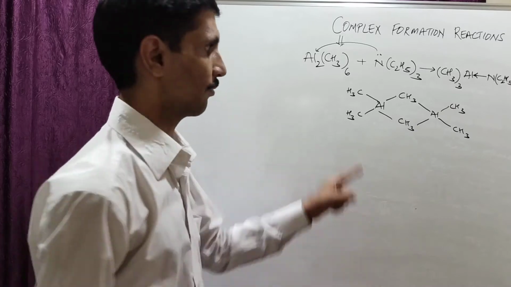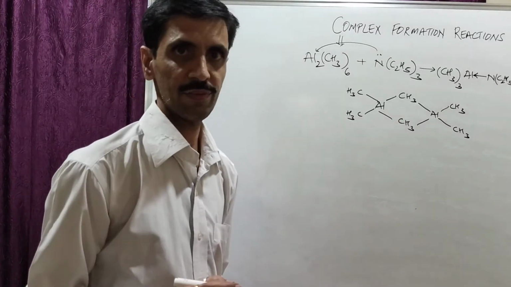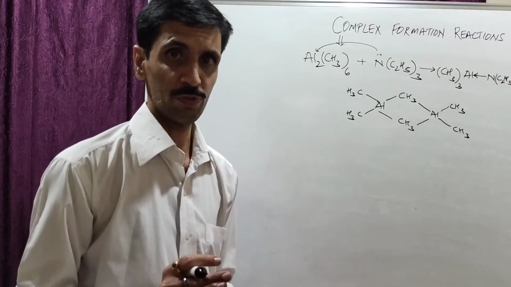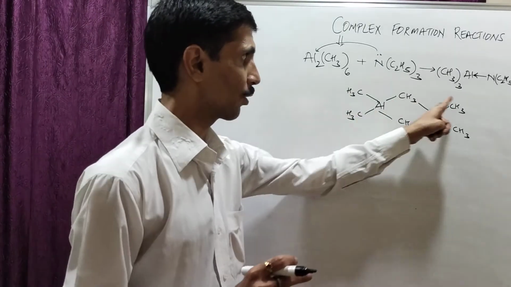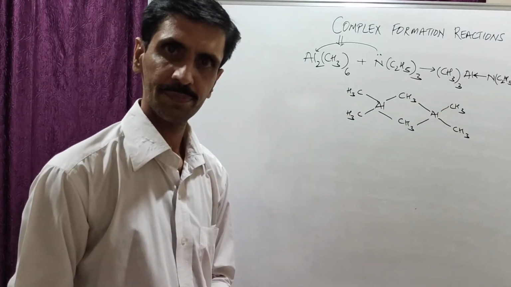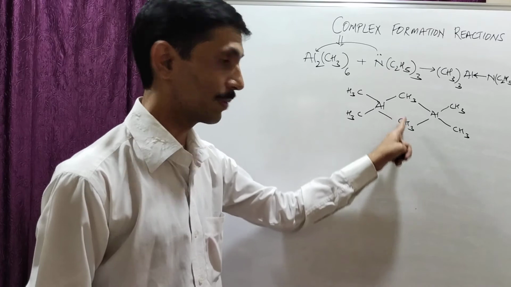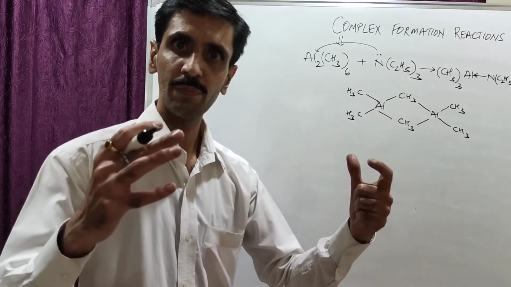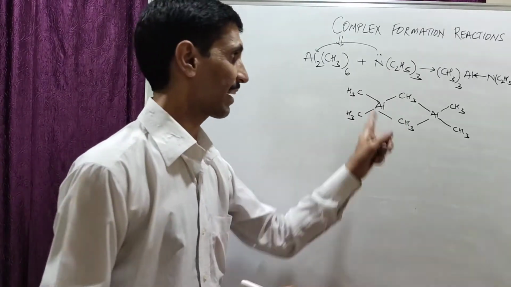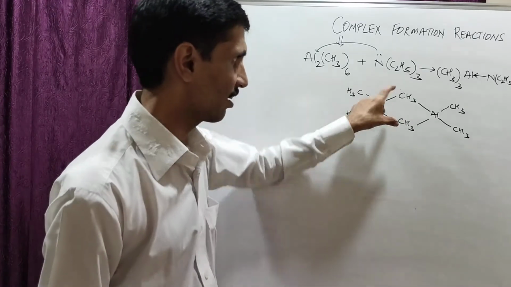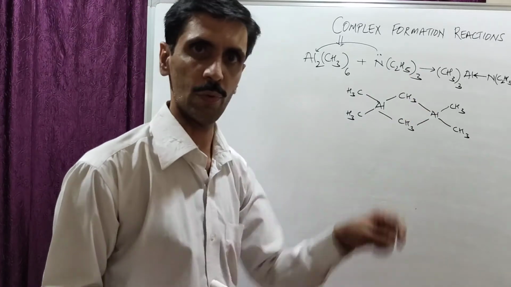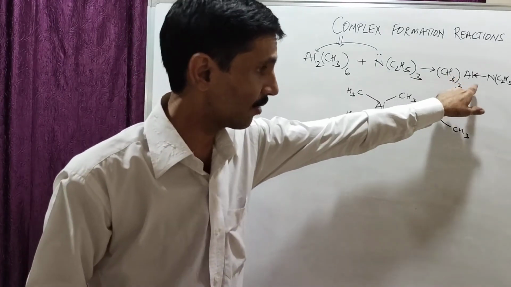Now see, this is the structure of Al2(CH3)6. There are 6 methyl groups. The 4 methyl groups are the terminal ones, and these 2 are going to be the bridging ones. Bridge means connection, so they are connecting the 2 aluminium. So these 2 are bridging and these are the terminal ones.